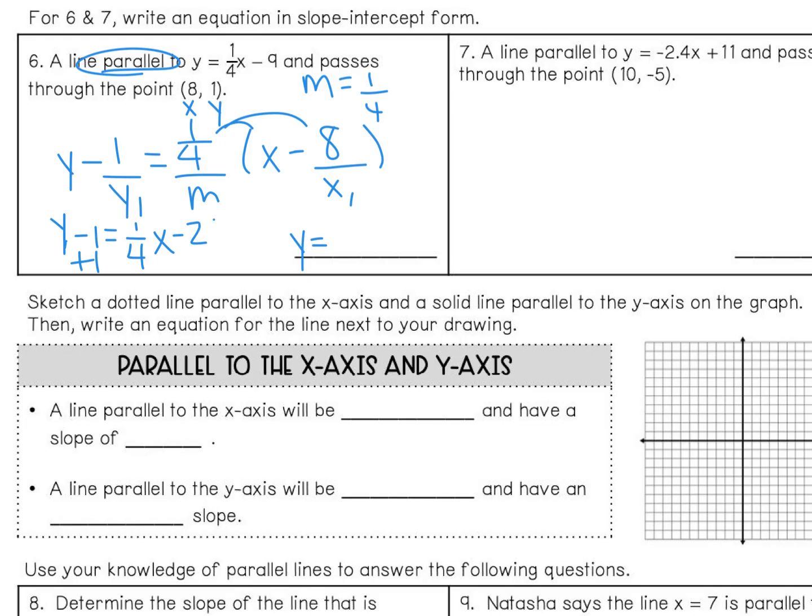We're going to add it. What do we get? y equals 1/4 x minus 1. So we could graph this in Desmos. We could graph it with our original to make sure they are in fact parallel. And we could also make sure that our new equation goes through (8, 1).